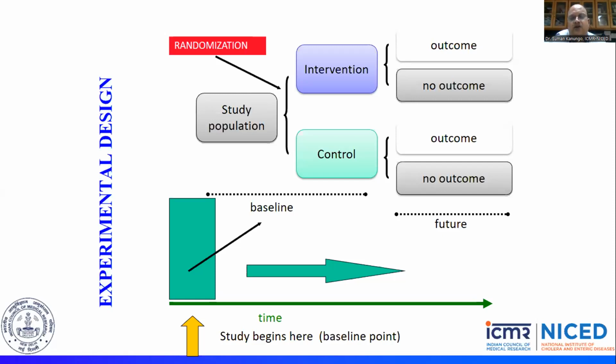At the baseline, it is a forward study, and we measure the outcome in the future. It becomes a forward study or a prospective study. Basically, an experimental study design or RCT, a randomized control trial, is a variant of cohort studies that has already been talked about. We look forward in time.